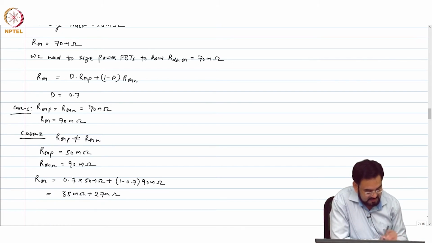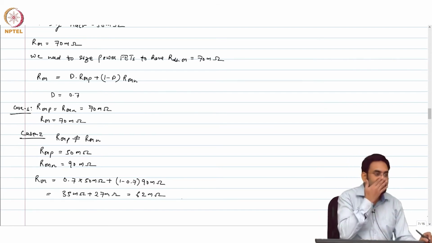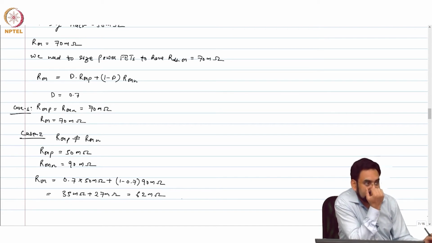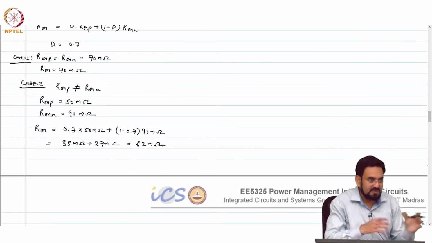How much is this? So that is less than 70 milliohm. Okay. So this is the one way you can try to optimize.